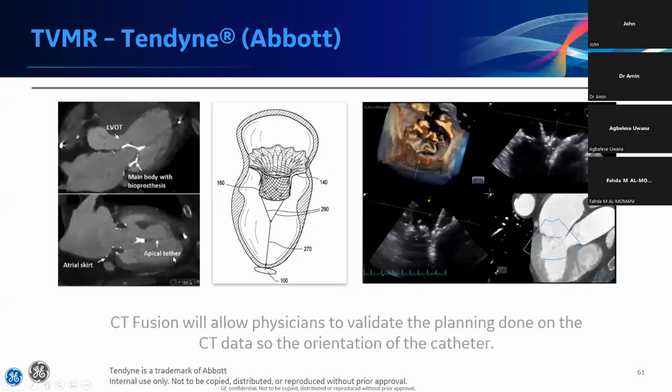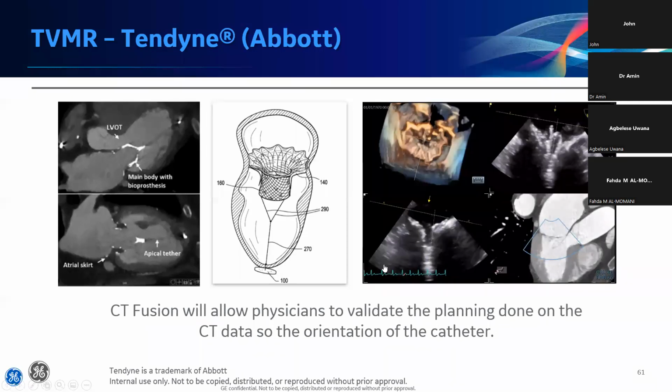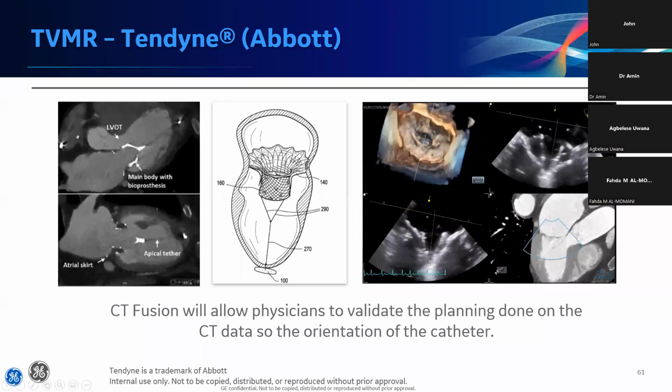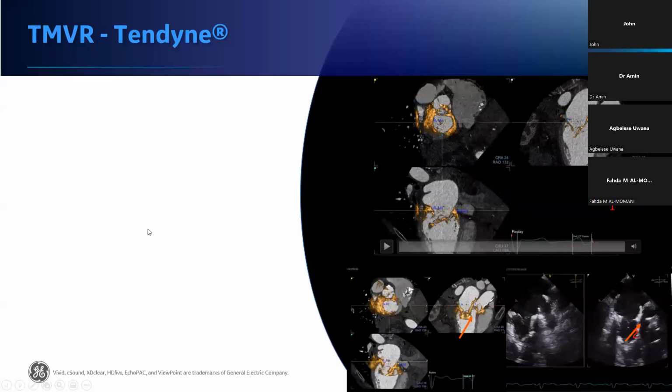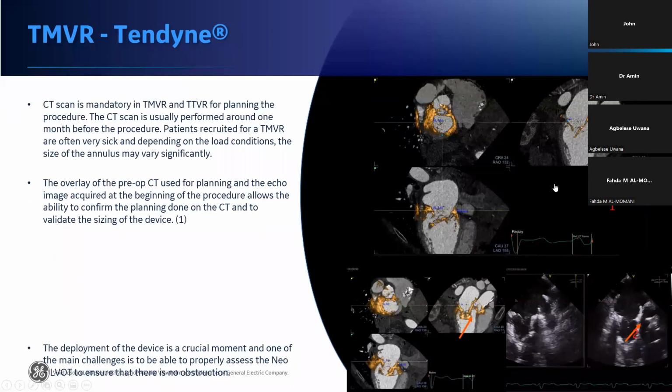Here, CT fusion is being used for pre-assessment, and echo is being used during the Tendyne implant. And again, this is a post procedure CT view confirming what we have seen in the echo. So this is a real-time example of a Tendyne implant.